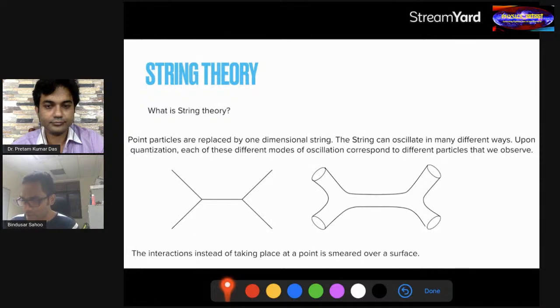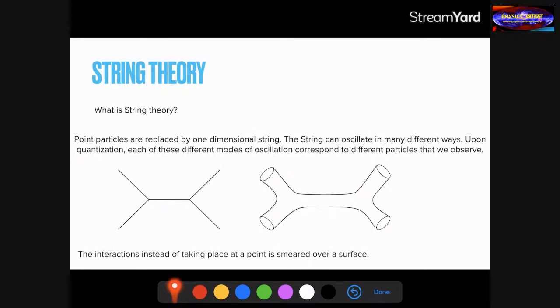Okay. So your Feynman diagrams, which I had introduced earlier, were for point interactions of point-like particles. In string theory, they are replaced by a two-dimensional surface, which is the interaction of strings, and you can see that the interaction, instead of happening at a point, is smeared over a surface, and that is what is responsible for having a well-defined quantum theory of gravity.